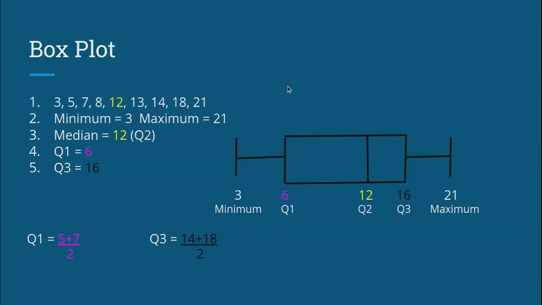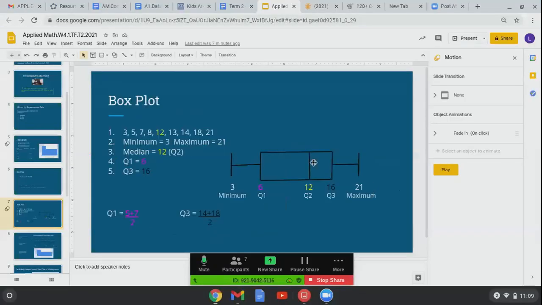Okay, so let me stop this for a minute. So if I were to put this down here, that wouldn't be a proper graph, because I would still mark this 12. 12 is not that close to 6. Okay, 12 is closer to 16.